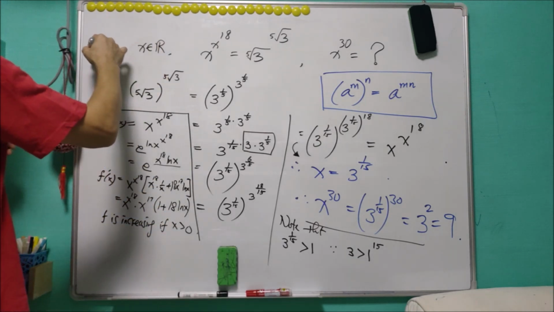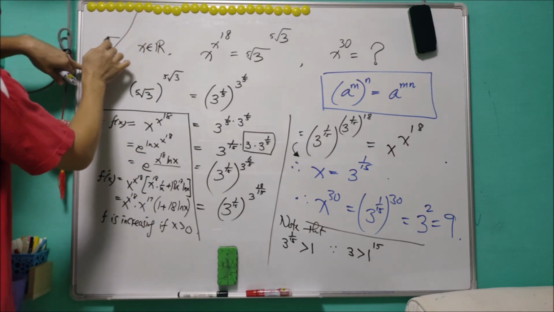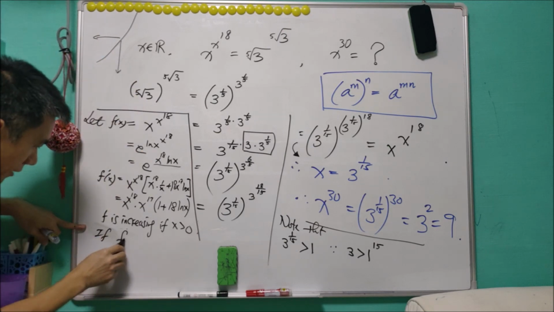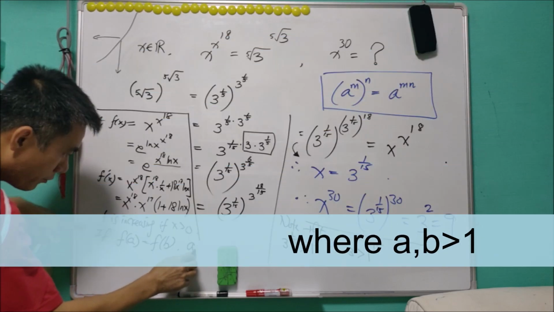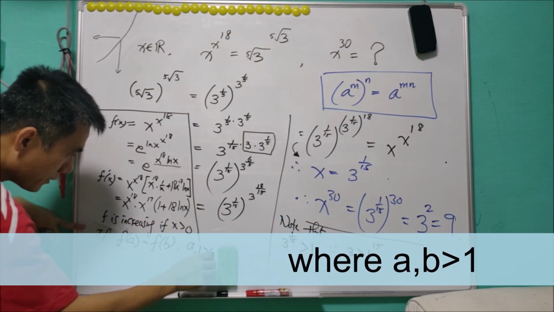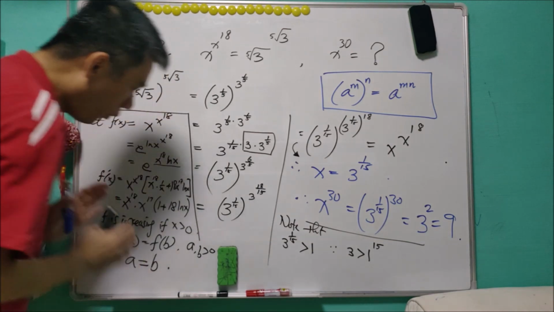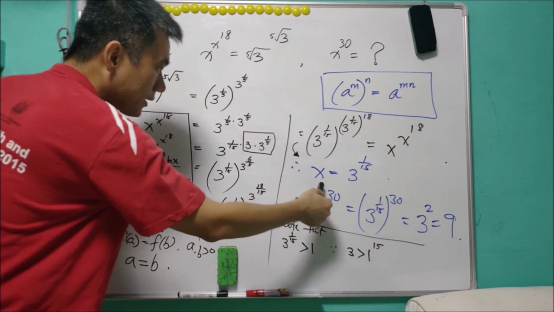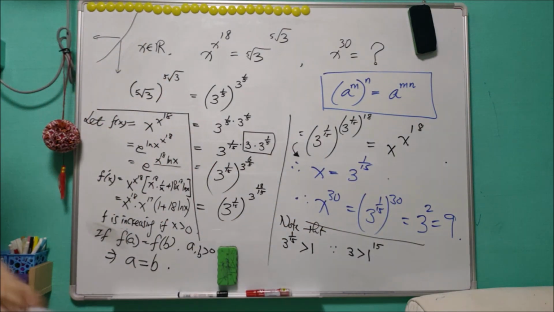When it's increasing, this is the graph, so it will be always up. So for one y, there's only one x. This implies that if f(a) equals f(b), where both a and b are positive, then a is equal to b. So only with this can we say that x is equal to 3 to the power of 1 over 15, and therefore you get the answer here.